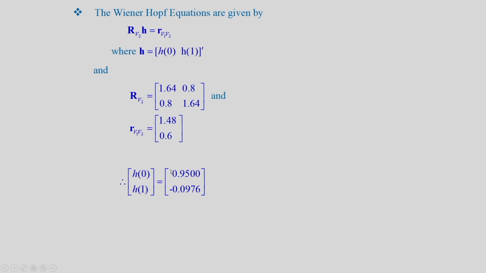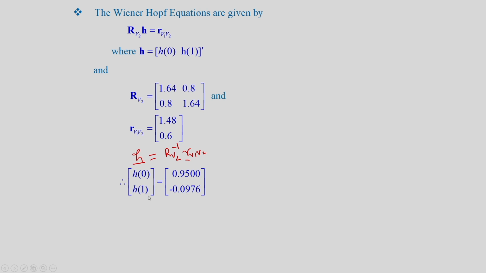Therefore, we can find out now what H will be. H is equal to R_v2 inverse into small r_v1v2. So, if we apply the inverse of this matrix and then multiply with this vector, we will get this result: h0 is equal to 0.95 and h1 is equal to minus 0.976.